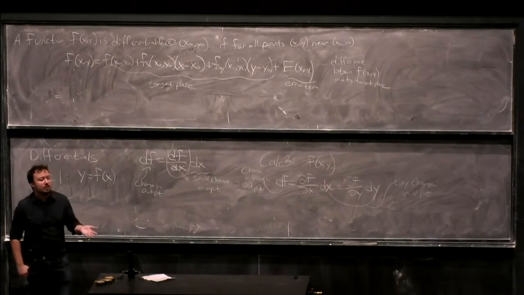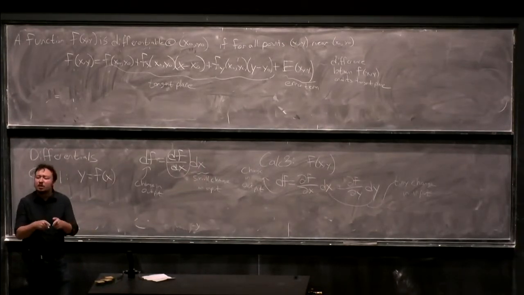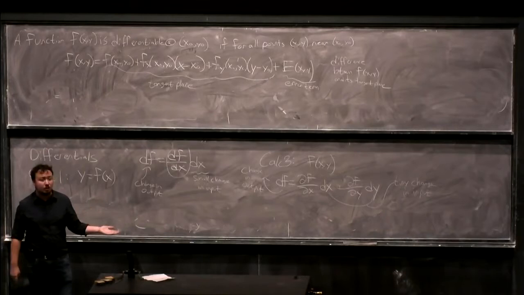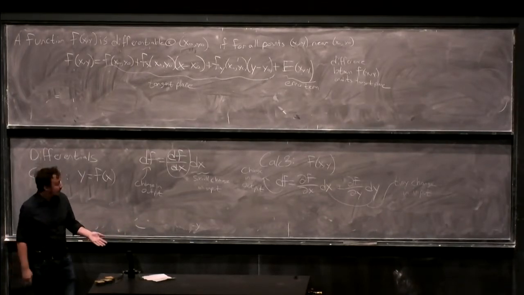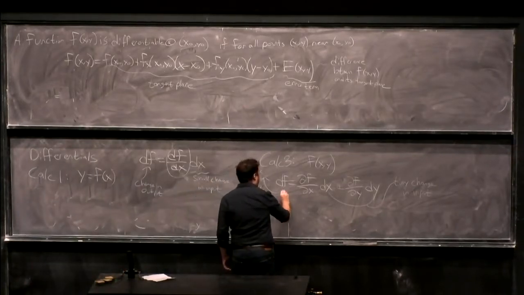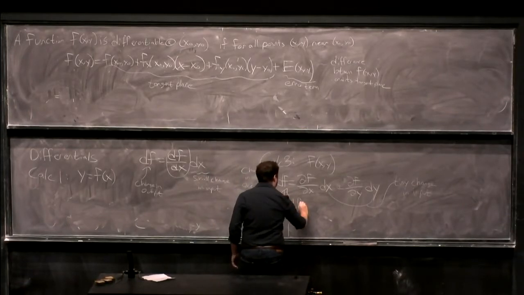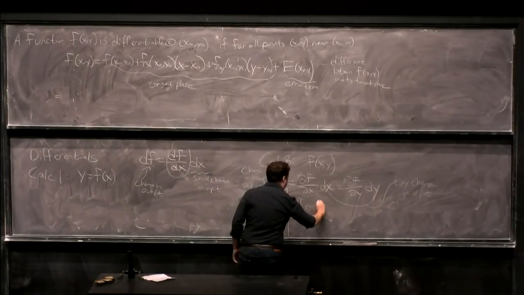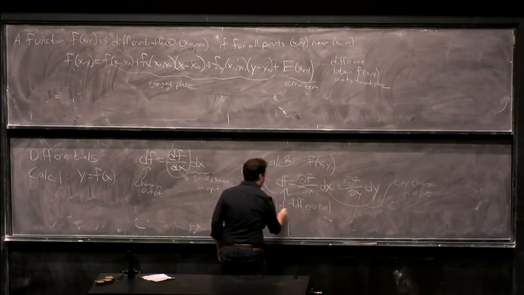If our partial derivatives are really big, even a tiny change in the input will result in a large change in the output. So it all depends on the size of our derivatives. And this thing right here, this has a name. This is called the total differential.